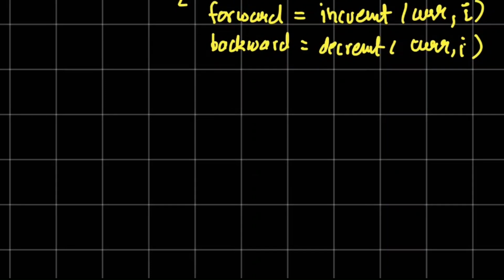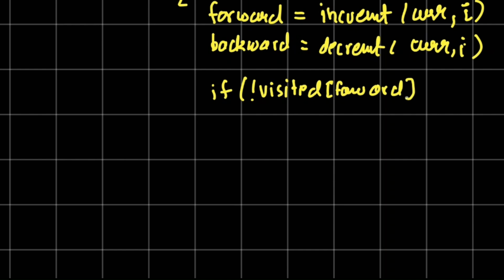Okay, so now what we will do is check each of these. So if forward is not visited, and we also need to check that it's not a dead end.